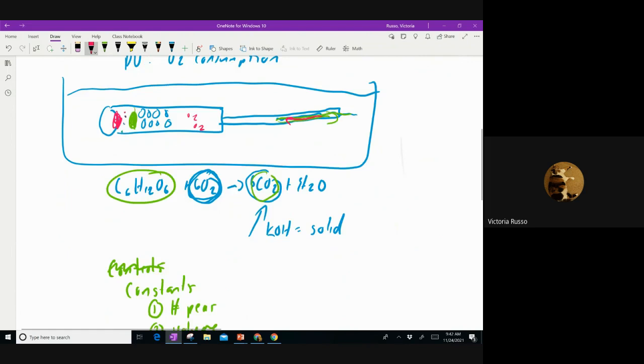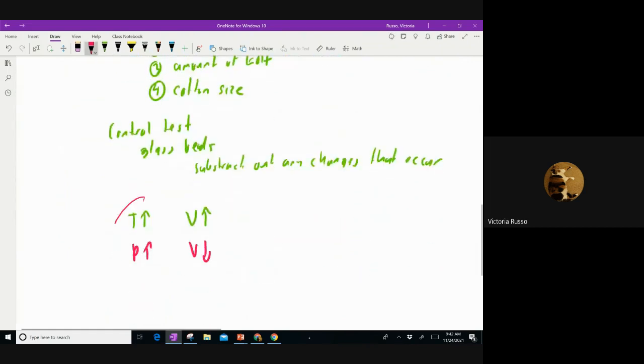So we're going to control for these possible errors of temperature and pressure changes affecting the volume of the gas moving, the consumption of oxygen, which when you consume oxygen, there's going to be more volume in the tube. We're going to control for these possible changes by having a tube with just glass beads in it, or a vial with just glass beads in it.